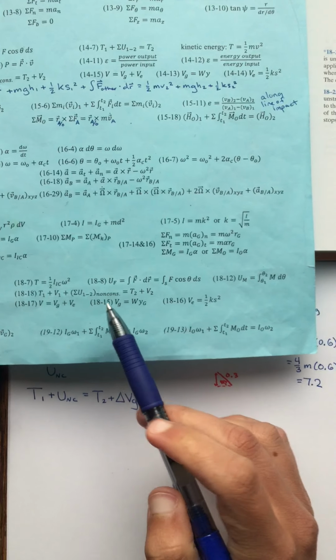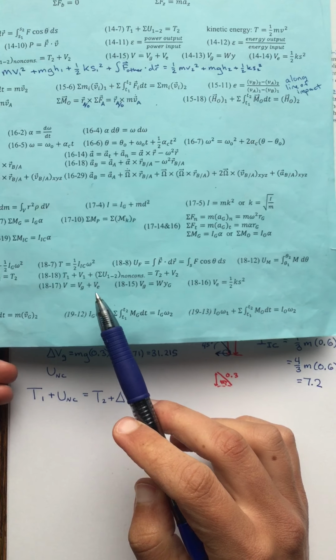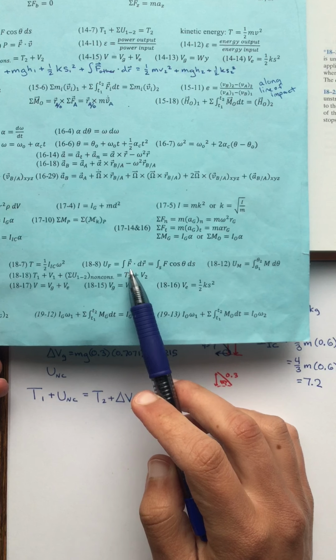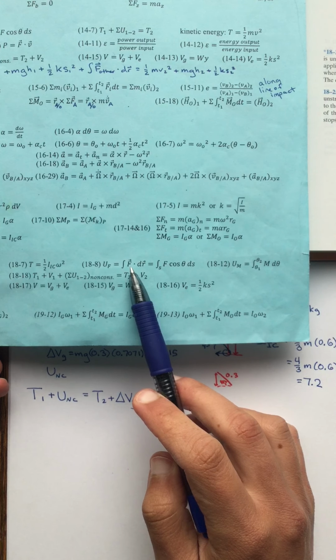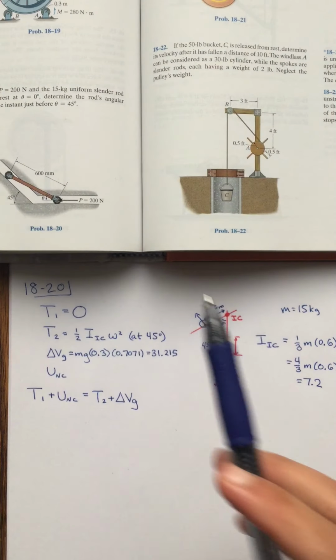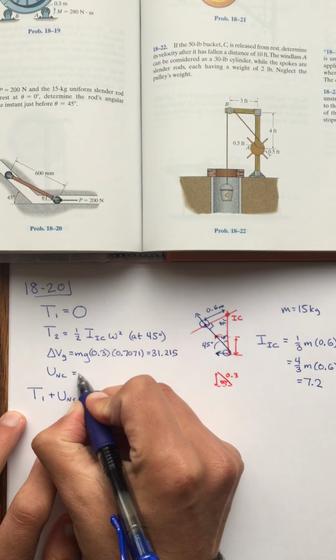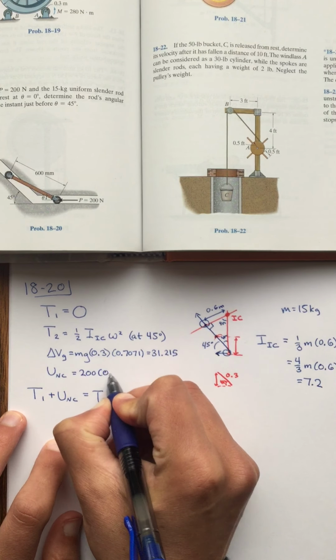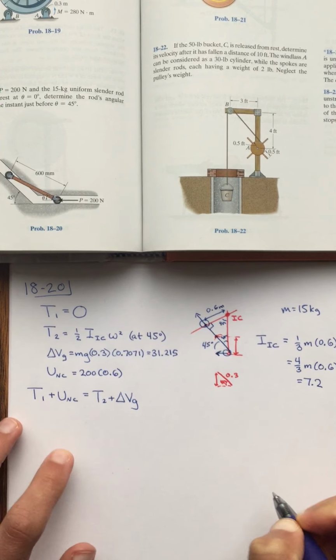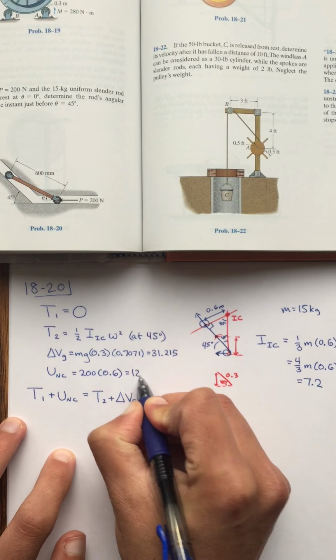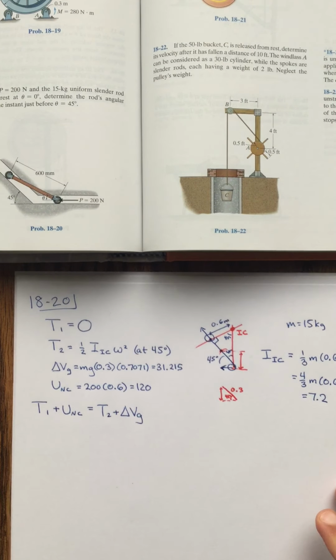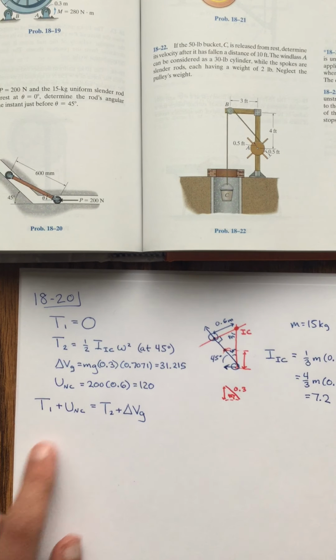So from equation 18a, if your force is constant, you can pull that outside, so it's just force times the distance. So that would be the 200 Newton force times the 0.6 meter distance. And that is 120.